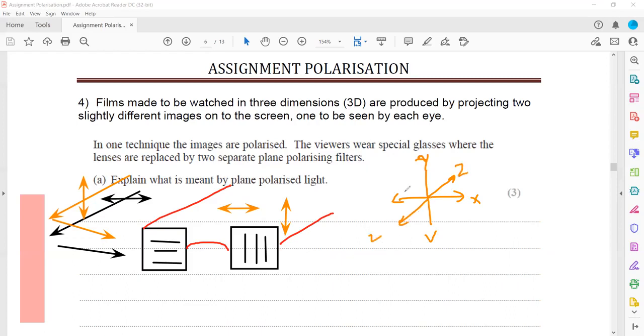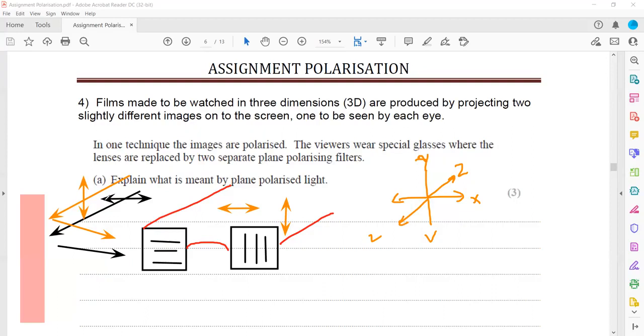So one of the images they're sending as a horizontal component, another image as a vertical component, and the polarizing glasses are there. If we use polarizing glasses, one of our eyes records the horizontal component, the other records the vertical component, and the two images overlap, and as a result we'll see a 3D image.